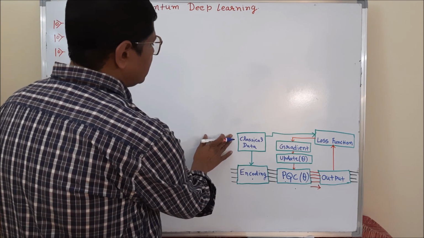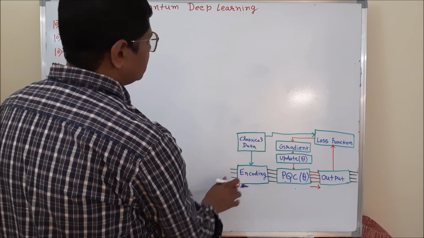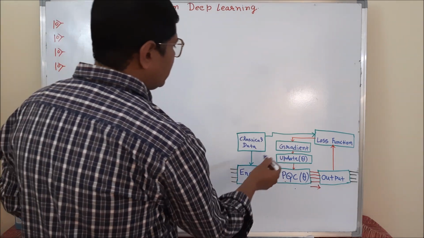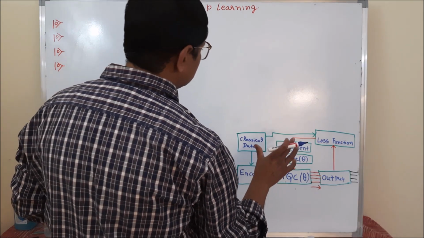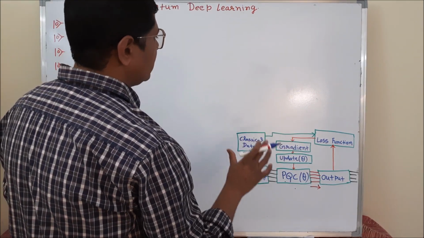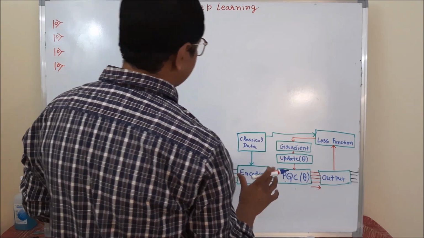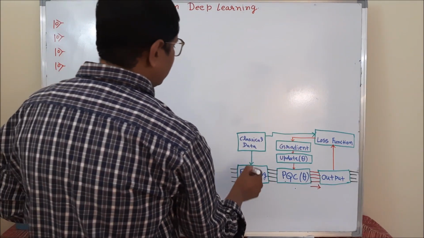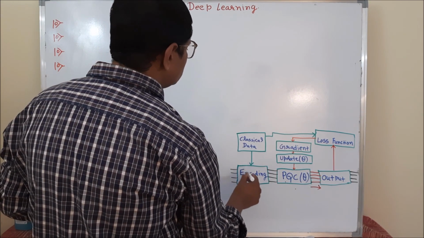Once we take the classical data, we need some encoding because the entire quantum deep learning architecture runs on some circuit, not like the classical deep learning architecture. So in this case, we convert the classical data into qubit encoding.